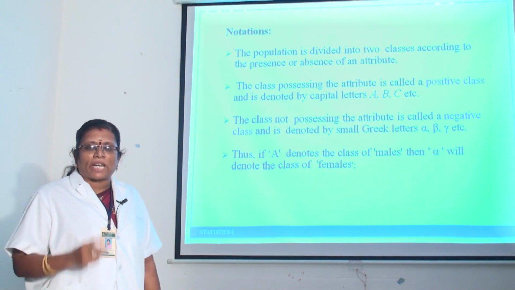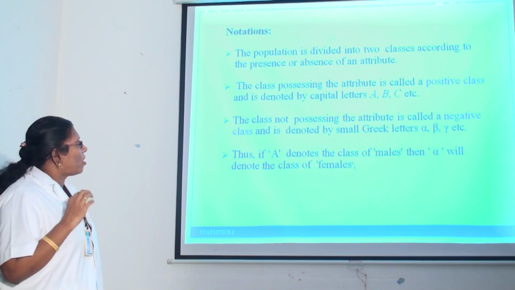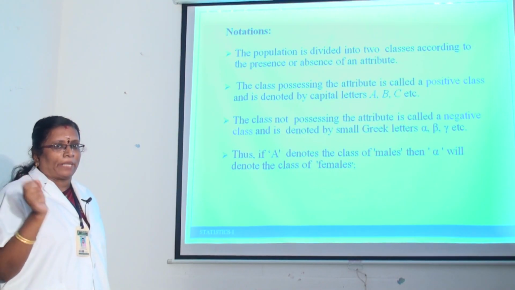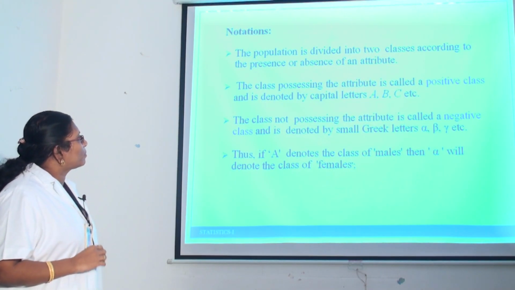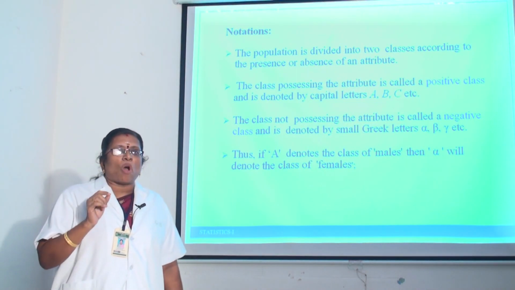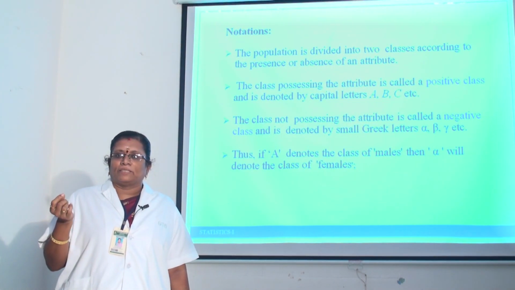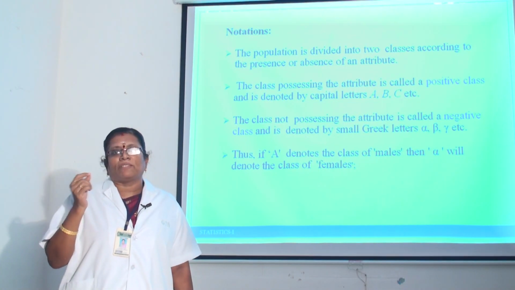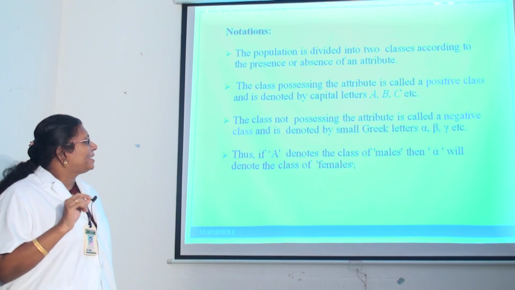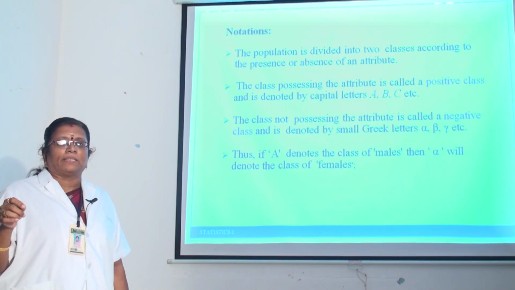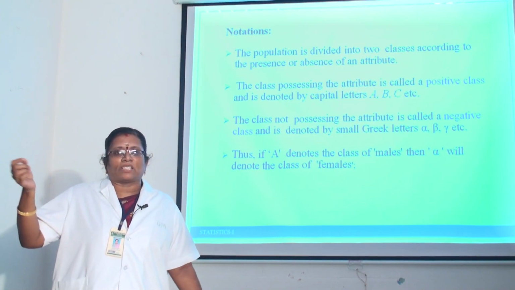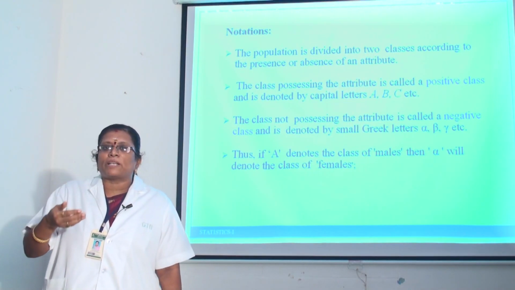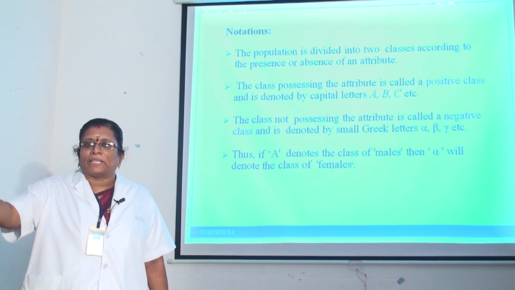The population is divided into two classes according to the presence or absence of an attribute. The class possessing the attribute is called a positive class, and it is denoted by the capital letters A, B, C, etc. I already gave an example: a person passed in mathematics.